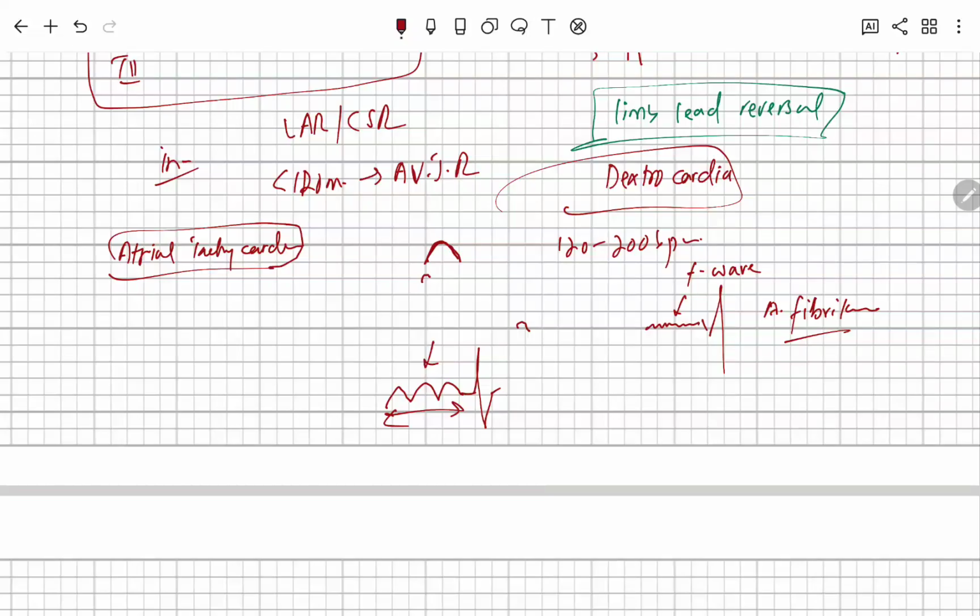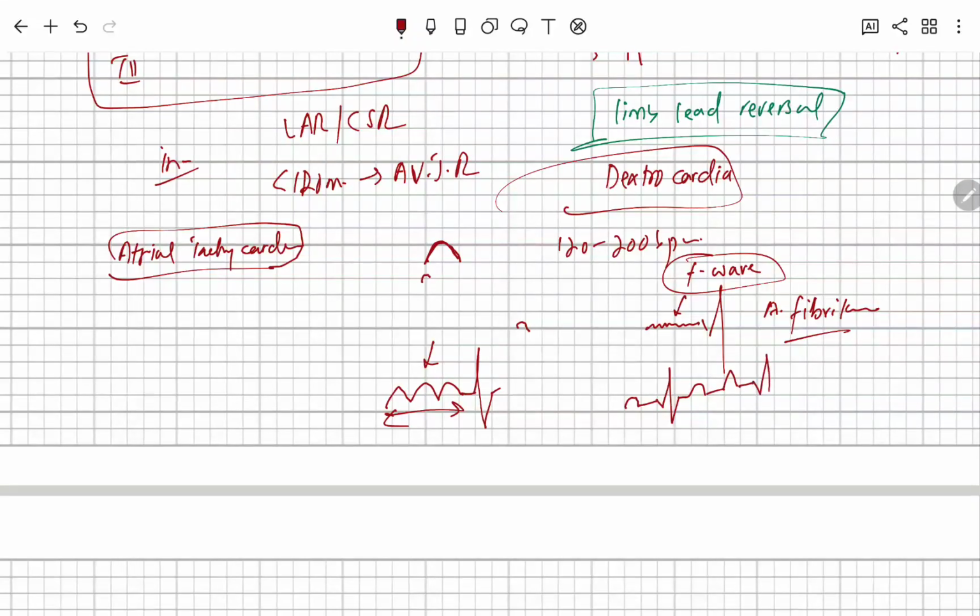So in atrial fibrillation, we're going to see the F waves. Another thing: if we see different morphologies of P wave, you can see the P wave here, then we have this QRS complex, then the T wave, then we can see another P wave.